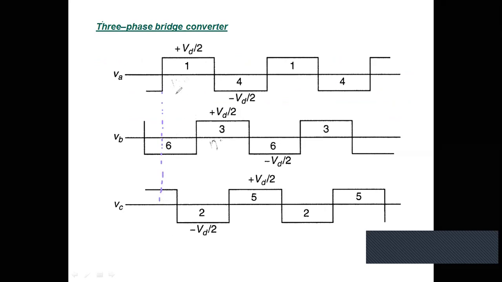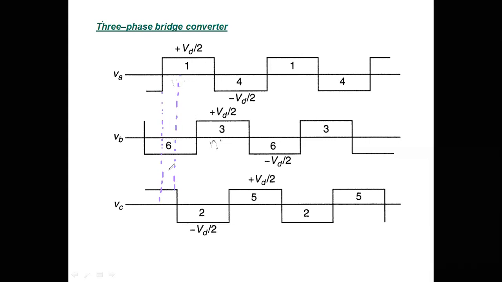Here we are adding these three, VA, VB, VC, for this one portion. So here this is plus VD by 2 and this is minus VD by 2, so these will be cancelled. And again here this is plus VD by 2. So overall, if you sum VA, VB, VC, you will get VD by 2.